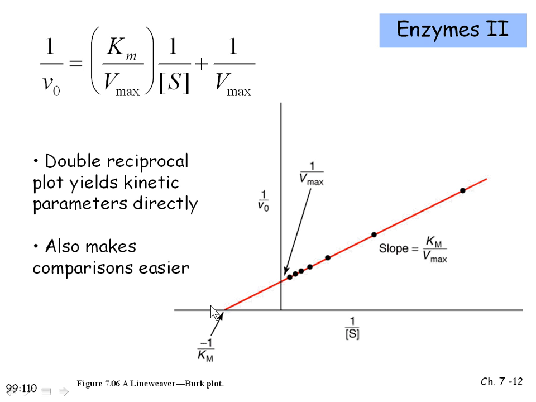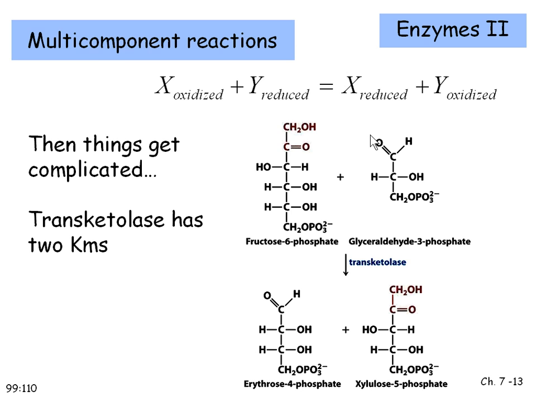And 1 over Km is telling you something about the substrate concentration for half saturation. This is sometimes called a Lineweaver-Burk plot, after the people who realized that you could do that. It also makes it much easier to compare one enzyme to another, because you have now a straight line, and it will turn out to be simpler to look at these things.